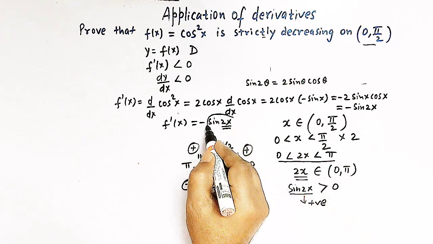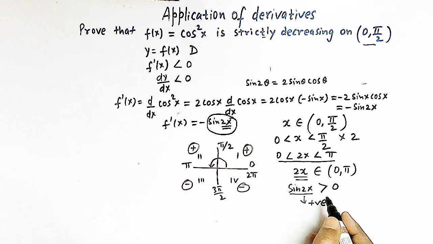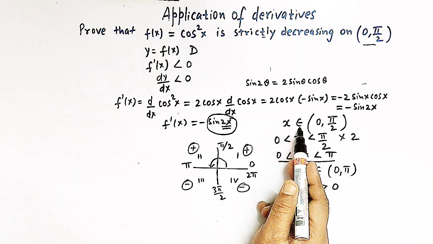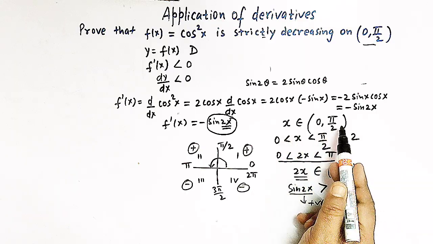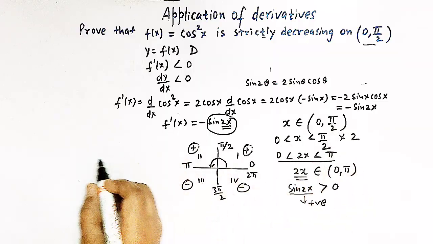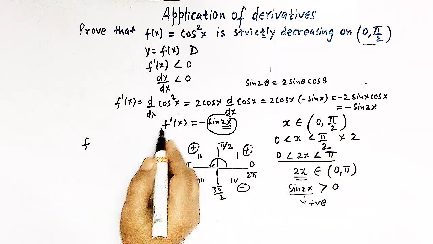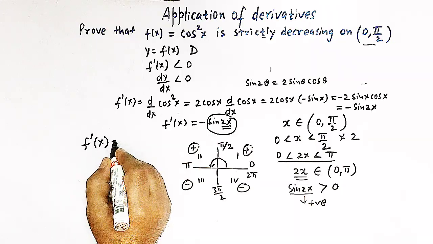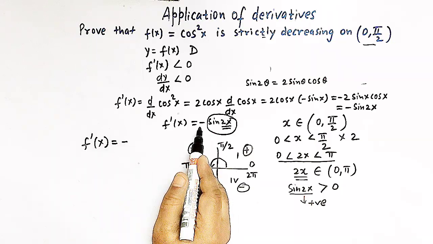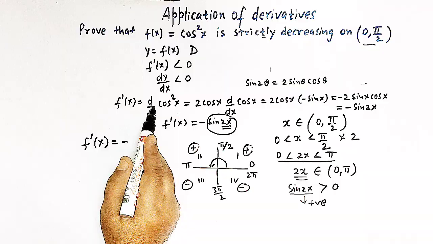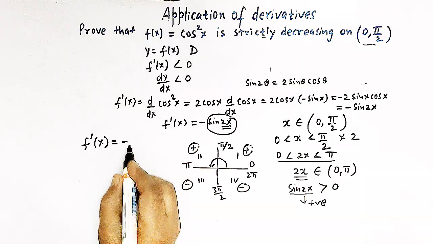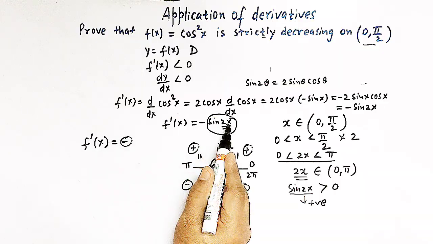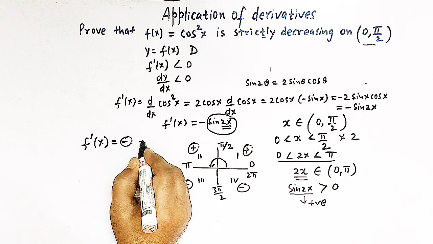So this quantity, sine 2x, is always greater than 0 when x belongs to the interval 0 to pi by 2. So the derivative f prime of x is now equal to a negative. Here we have the negative sign due to the derivative, and here sine 2x is positive, right?